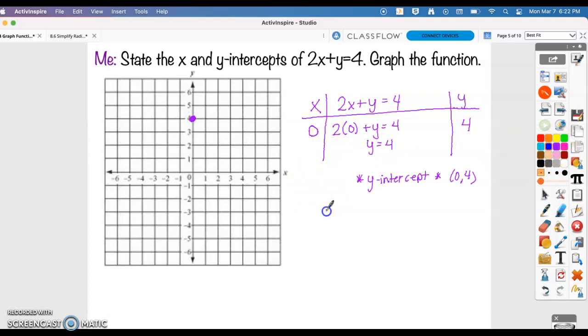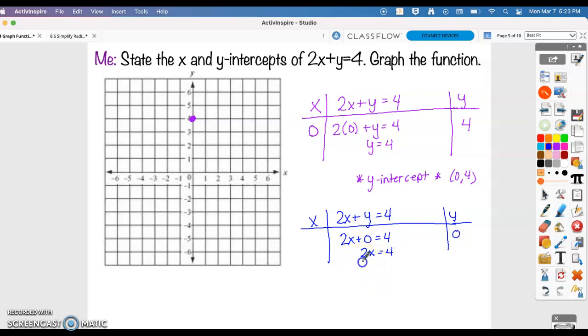So now I'm going to do the same thing. I have my table, my x, my equation. But this time I'm going to plug in a 0 for y. This is going to get me my x. It's going to hit somewhere over here. So in my equation, instead of a y, I'm going to put a 0. So 2x plus 0 is just 2x.